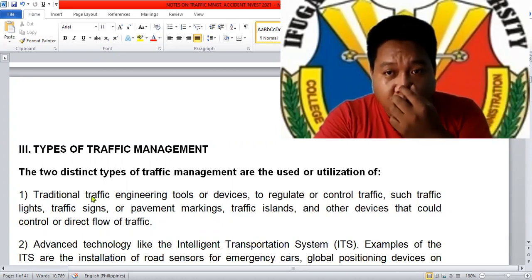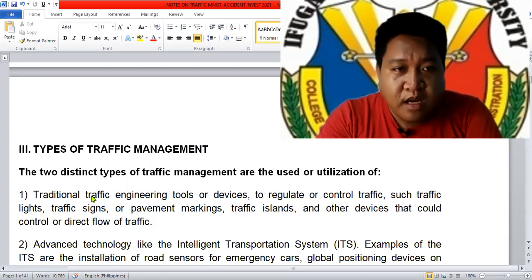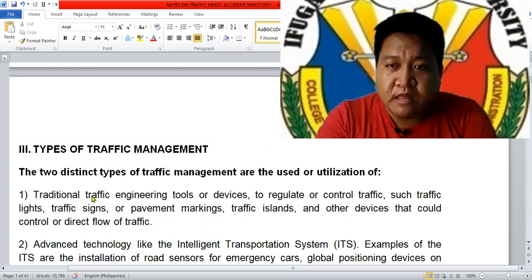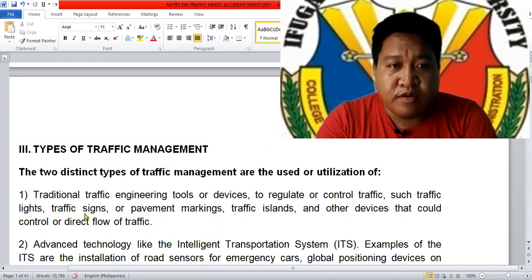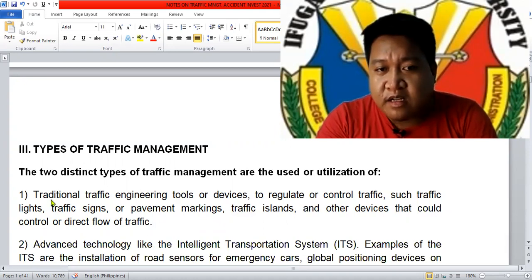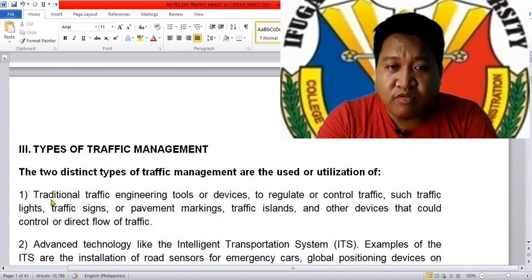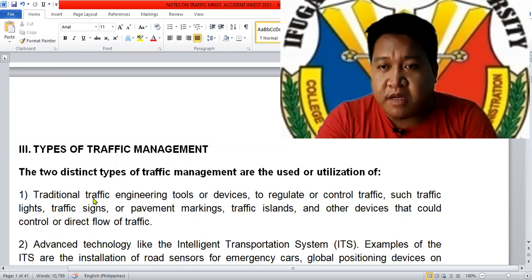If nakita ka ng traffic light, traffic signs, yan ang mga common. Kaya tinawag na traditional traffic engineering tools, and this is one of the approaches of traffic management.